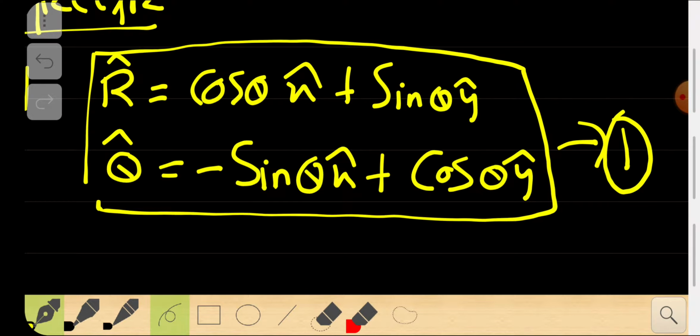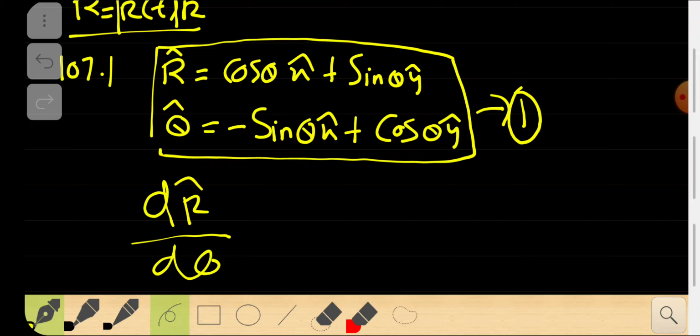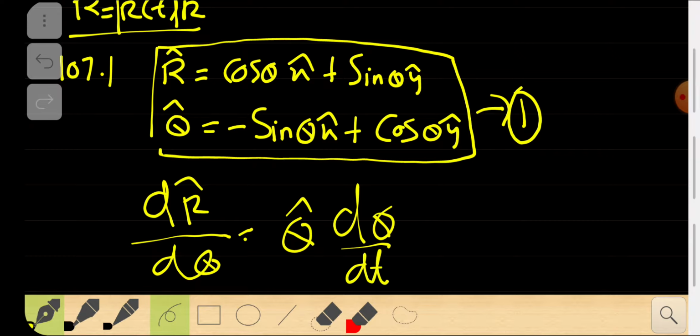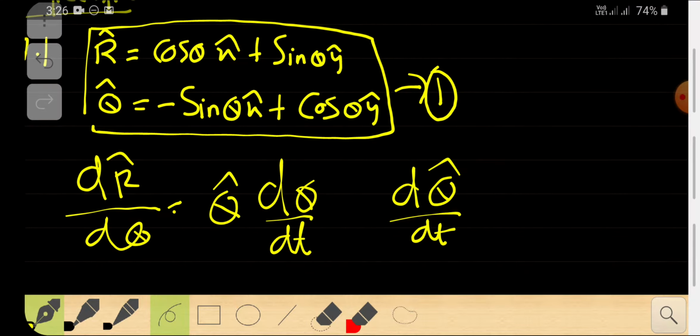We have also found that dr cap by d theta was equal to theta cap times d theta by dt. In the first lecture we did this, and similarly we also did d theta cap by dt, which is the time rate of change of unit vectors. These unit vectors transform into two forms.